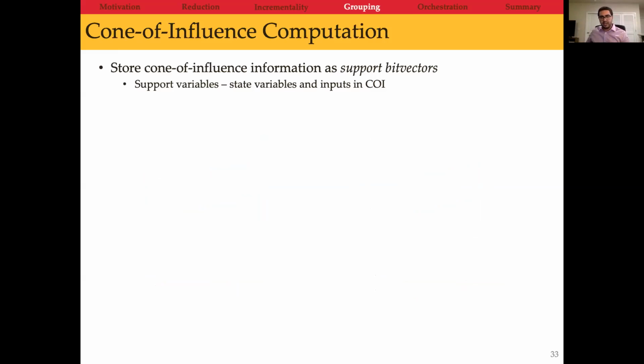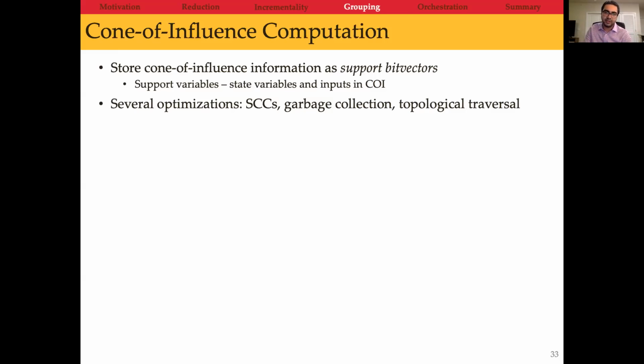If an indexed bit in the bit vector is set to 1 for a particular property, it means that the corresponding variable for that index is in the cone of influence of the property. If it is not in the cone of influence, that index in the bit vector is set to 0.